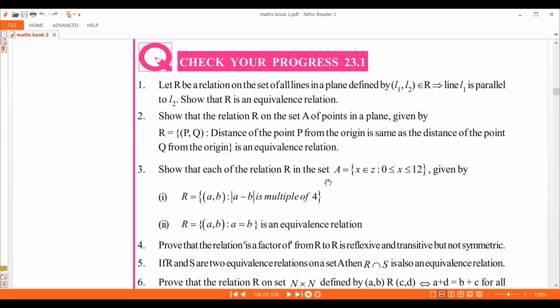Okay, so reflexive. You can write PP and QQ. Why is it reflexive? Why do you feel it's reflexive?